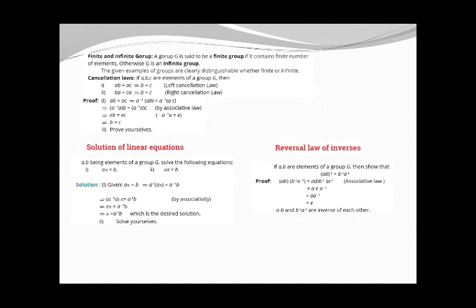Cancellation law. AB is equal to AC. We eliminate A from both sides, either on the left side or right hand side, but mathematically we do it like that. We multiply A inverse on both sides.